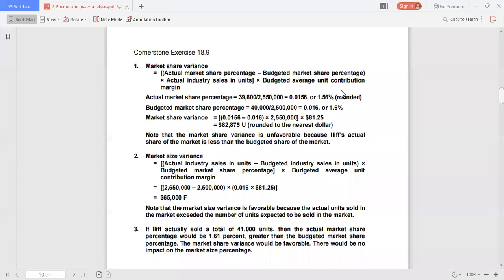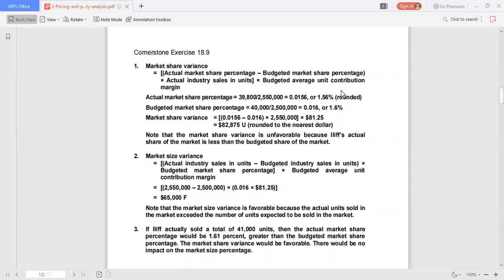Actual market share percentage of 1.56% and the budgeted market share percentage of 1.6%, and you multiply this by the actual industry sales in units. So the actual industry sales in units, and multiply by the budgeted average unit contribution margin of 81.25.